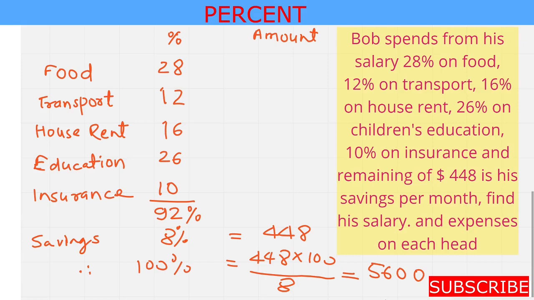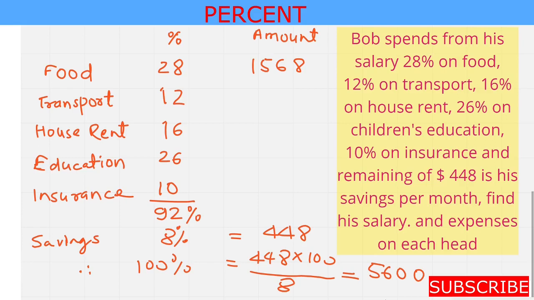If we subtract 2% from it, then it will be 28%. 1% is 56. 2% will be 112. So if we subtract 112 from 1,680, then we will be getting 1,568. So 28% will be 1,568. So Bob spends 1,568 on food.